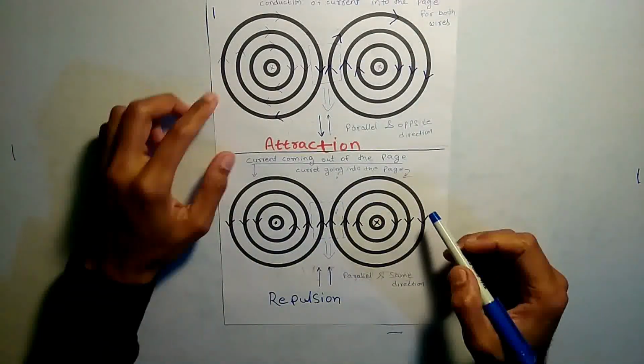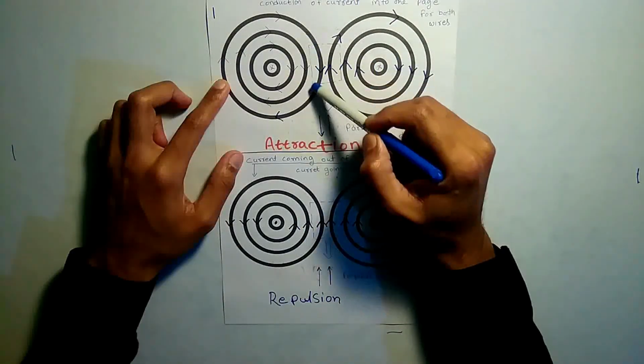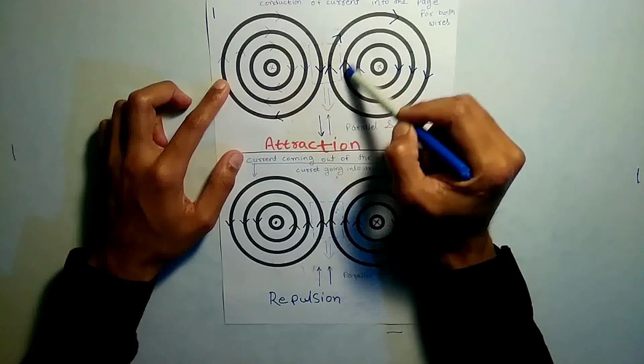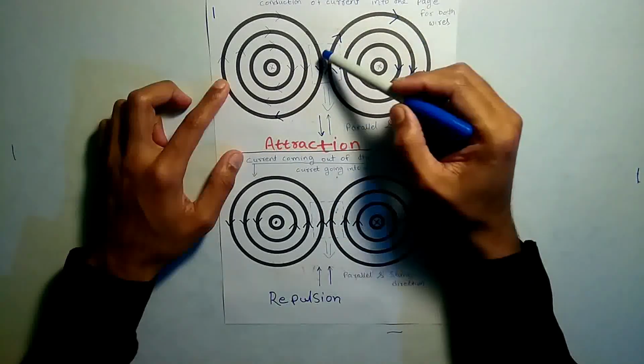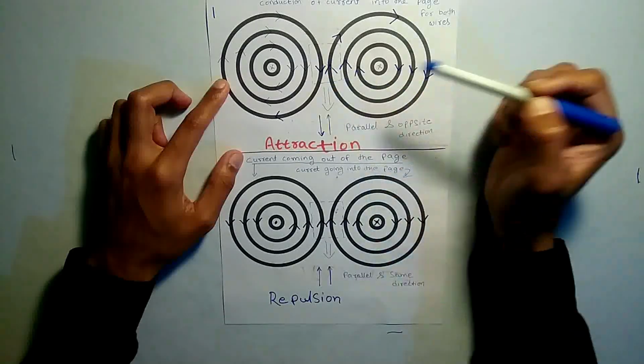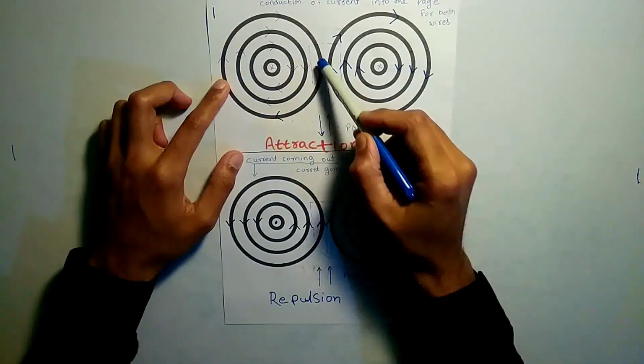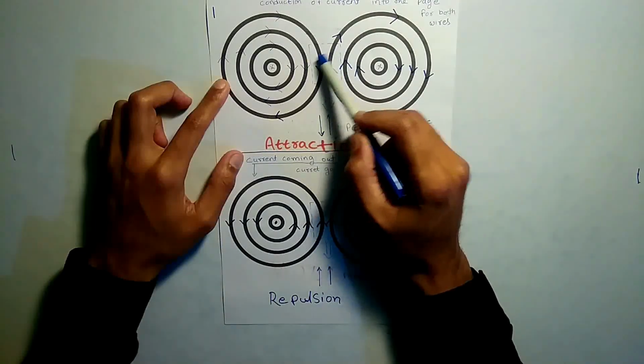So, these two fields interact at this point. Consider this zone. Here we see that one field line is pointing downward and another is pointing upward. So field lines appear to be parallel at this zone, only at this zone.